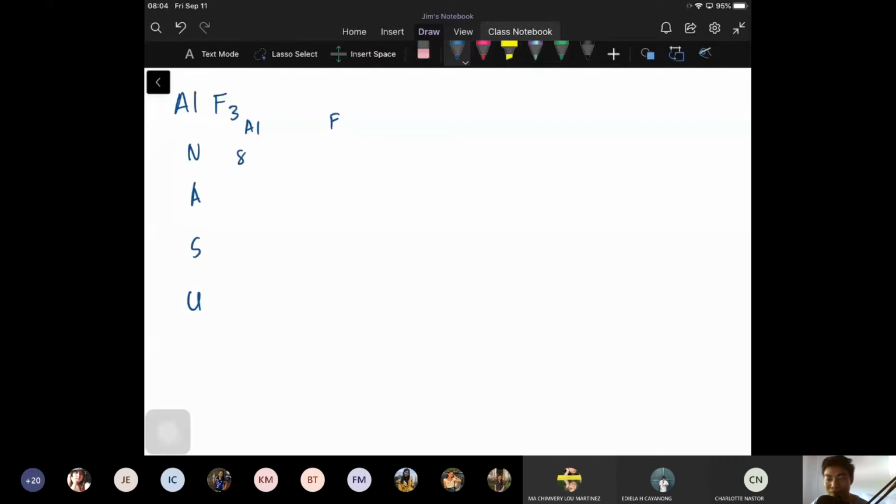So again, aluminum, you can see that it is in the p orbital. So let's say kunwari 8 yan. Kunwari lang na 8. Fluorine 8 talaga yan. Wala tayong choice dyan eh. 8, 16, 24, 32. Tapos valence electrons, aluminum would be 3. Fluorine would be 7. 7, 14, 21, plus 3 is 24.